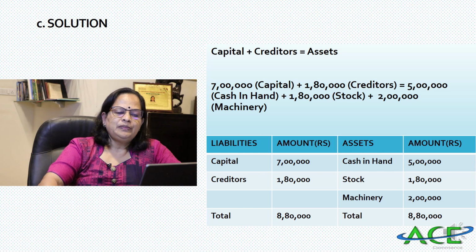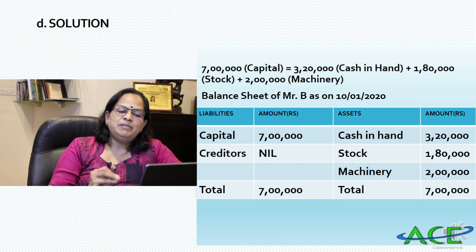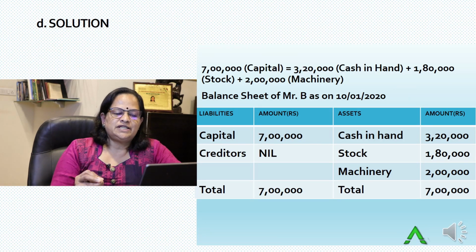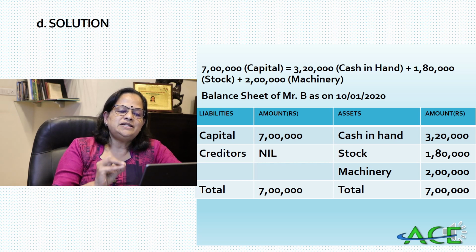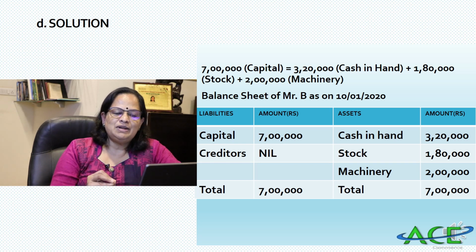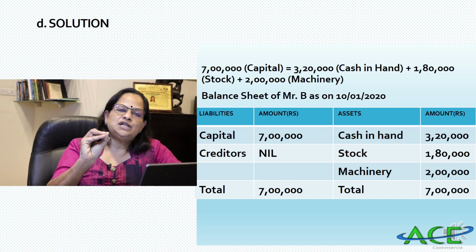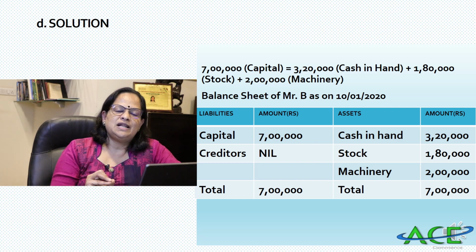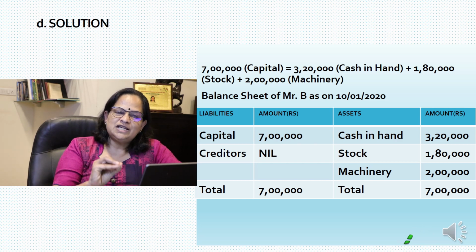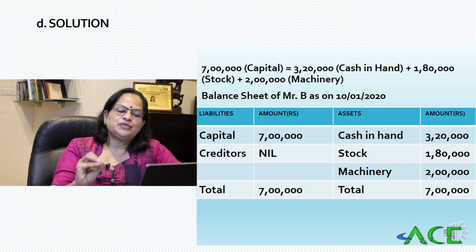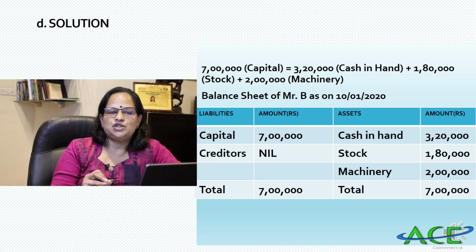Now the next transaction is payment made to creditors in full settlement. That means 1,80,000 was the creditors balance on the liability side, and they are going to make the complete payment. That means cash balance will reduce. You know that cash balance was 5 lakhs as per the previous balance sheet. Now 5 lakhs minus 1,80,000, so cash balance will reduce to 3,20,000.